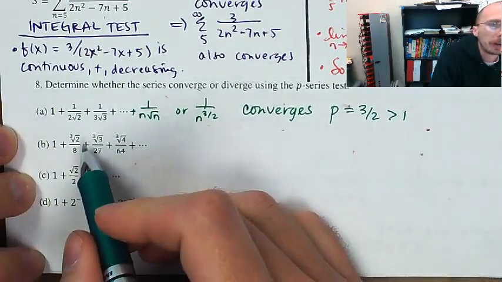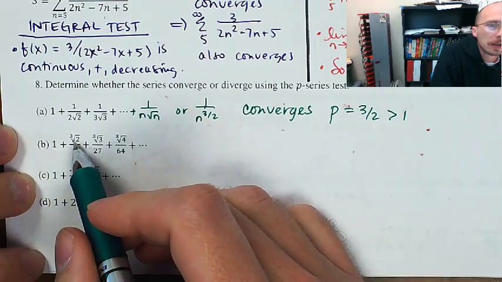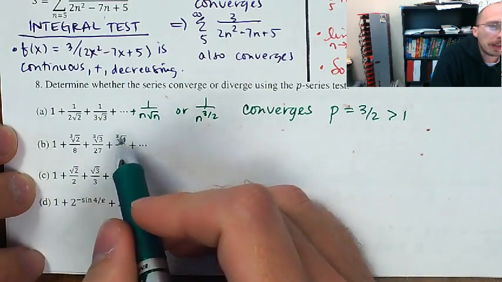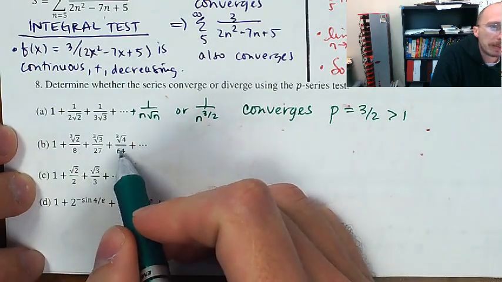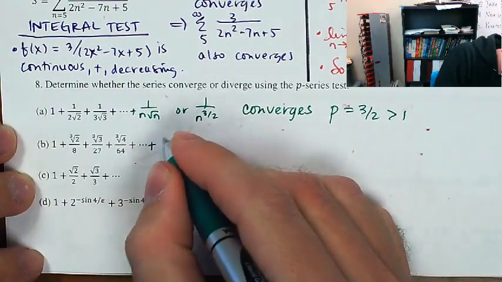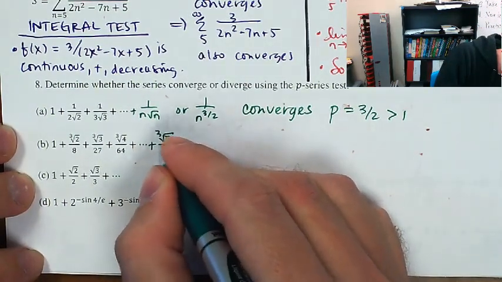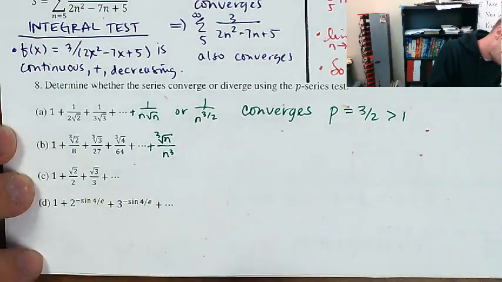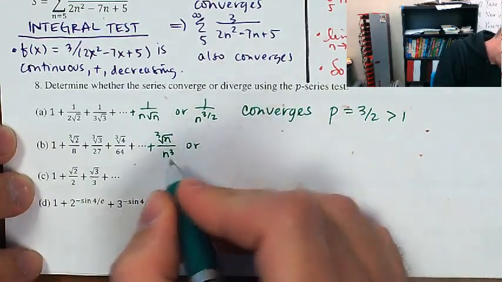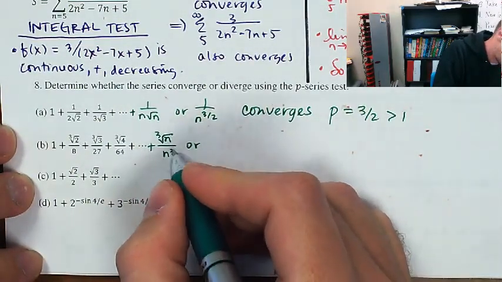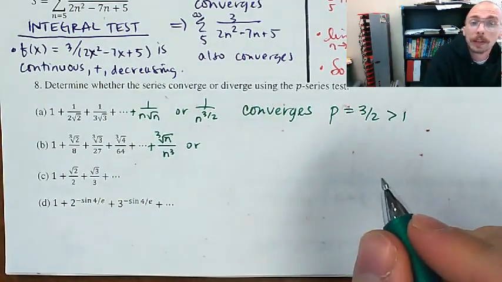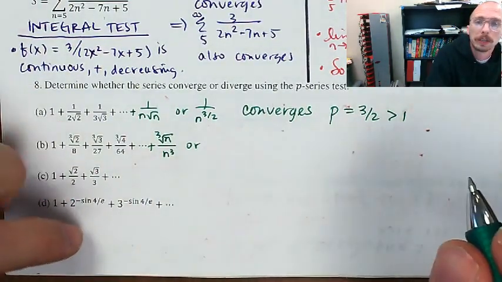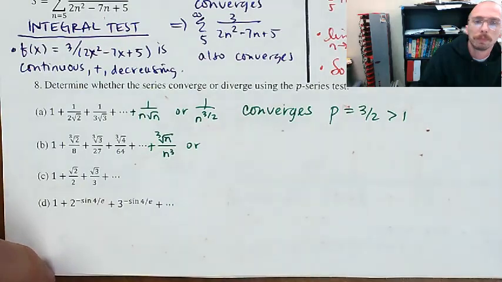Over here, I've got the third root of n divided by n to the third. Or, if I did the subtraction, that would be 3 minus a third. 3 is 9/3, so if I subtract a third, that's going to be 8/3.